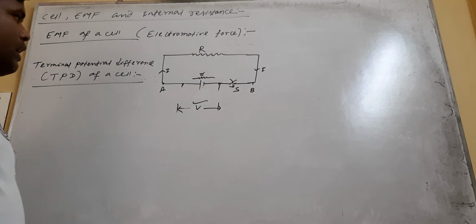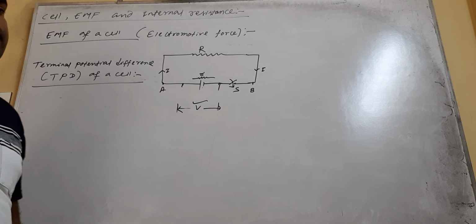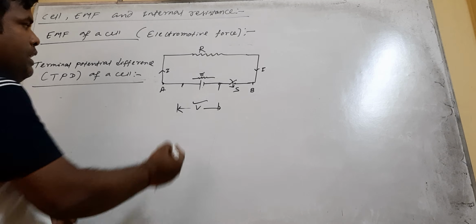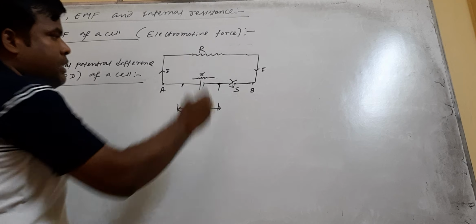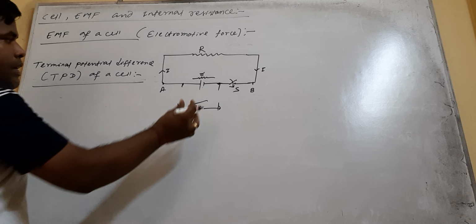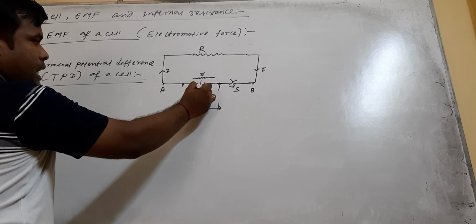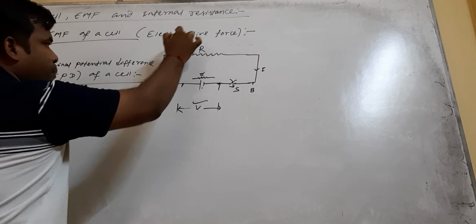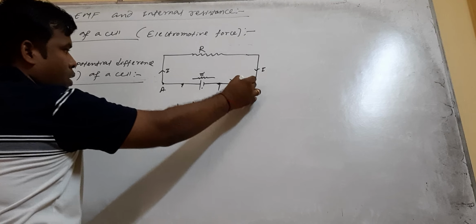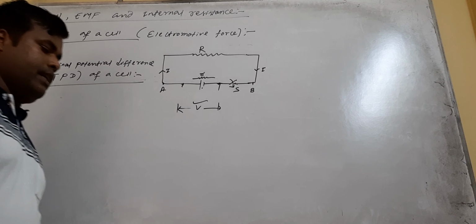In terms of work done, the terminal potential difference of a cell is the amount of work done by the cell in moving a unit positive charge from one terminal of the cell to its other terminal. That is called terminal potential difference.